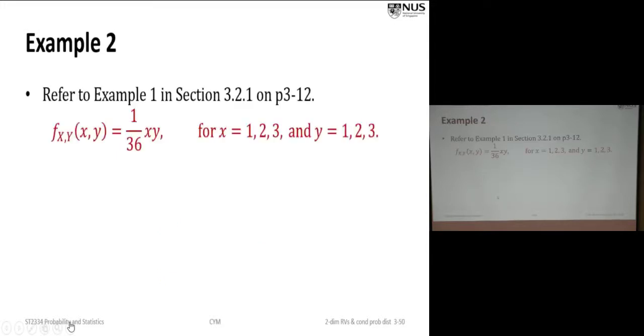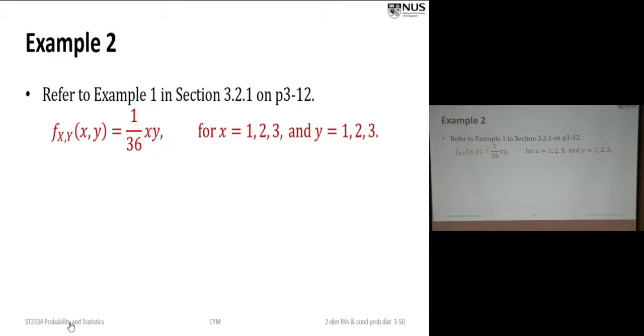Okay, here's another example, referring to 312, example 1. This is the joint probability function. Now this one you can write down in a table form, because x has only 3 possible values, y has 3 possible values.